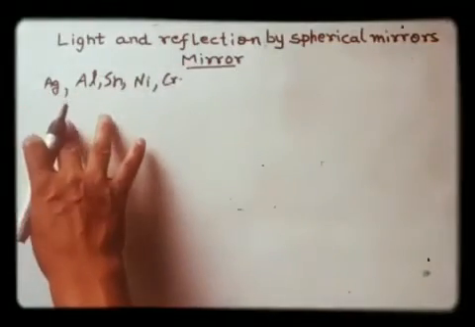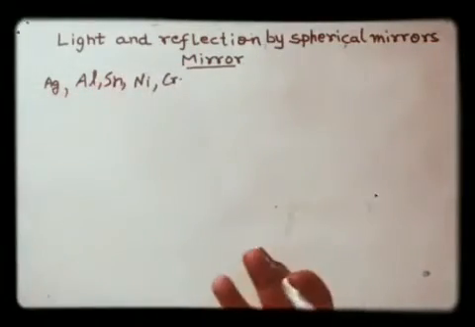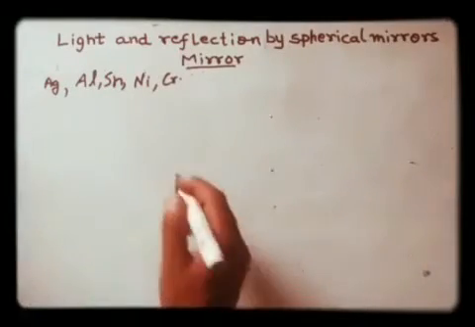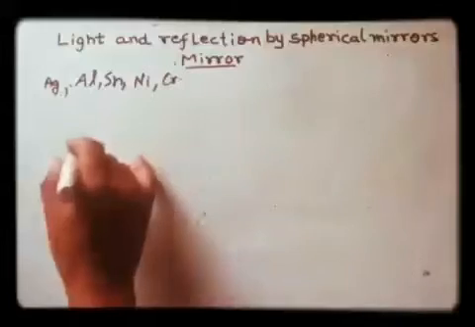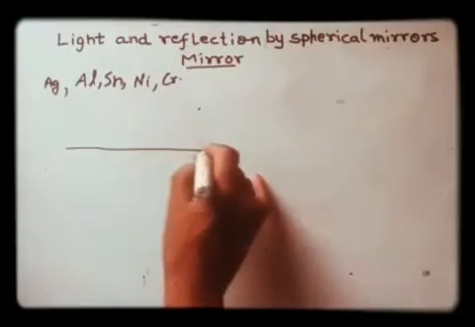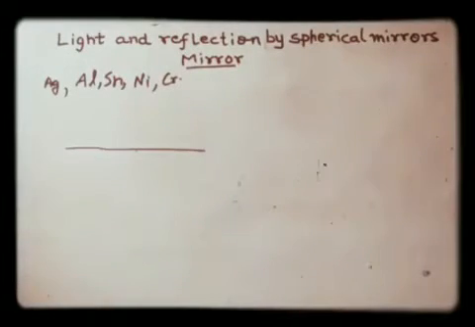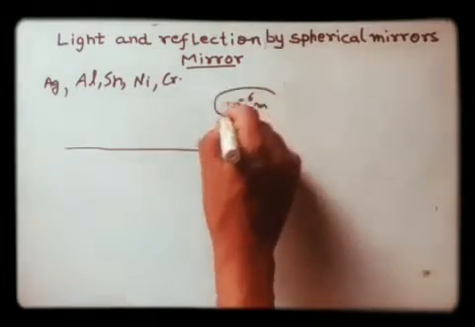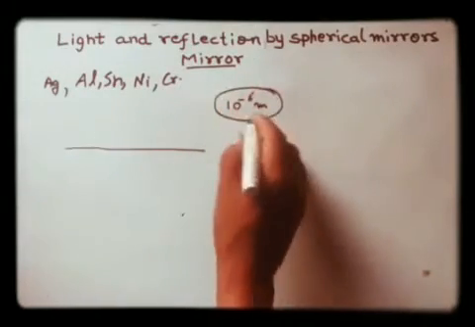Depending upon the need, these coating materials can be different. So we have a thin lining, thin sheet, thin surface. Thin means about 1 micron, a few microns thin. Micron is 10 to the power minus 6 meter. This much thin, somewhere close to this.